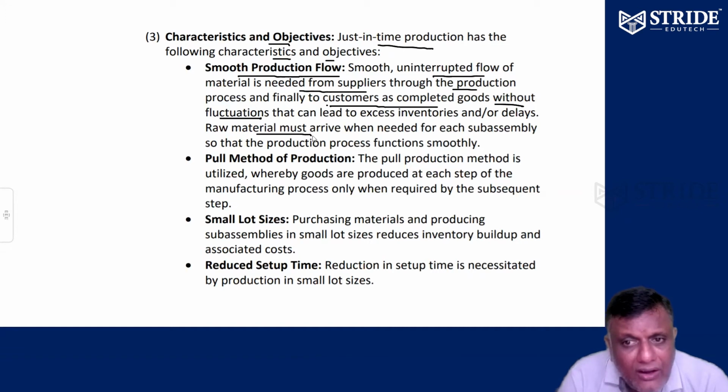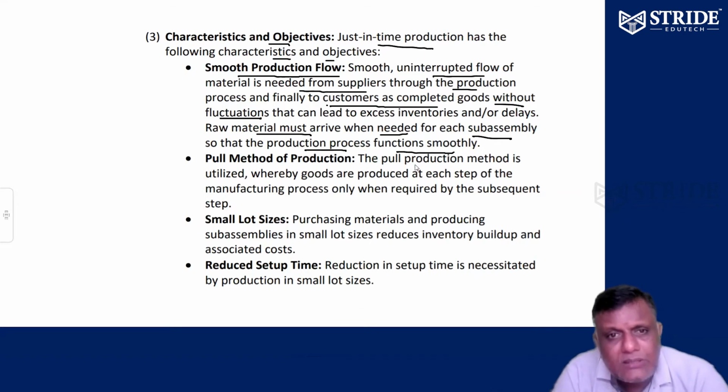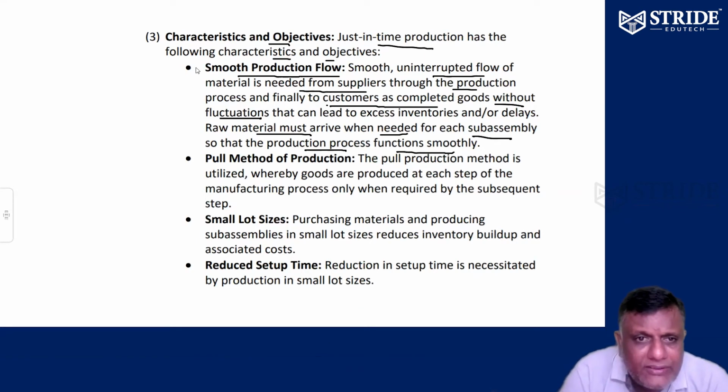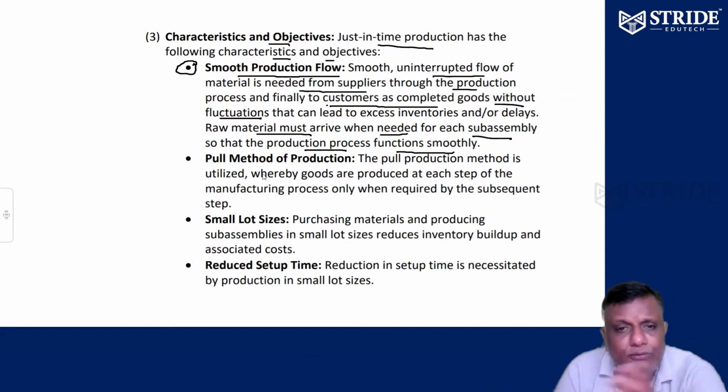Raw materials arrive on time when needed. Whenever any sub-assembly requires material, it arrives just in time so you can start the production process. So the first characteristic is smooth production flow.